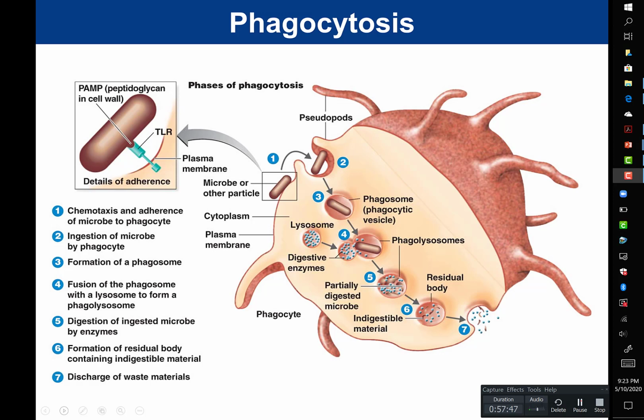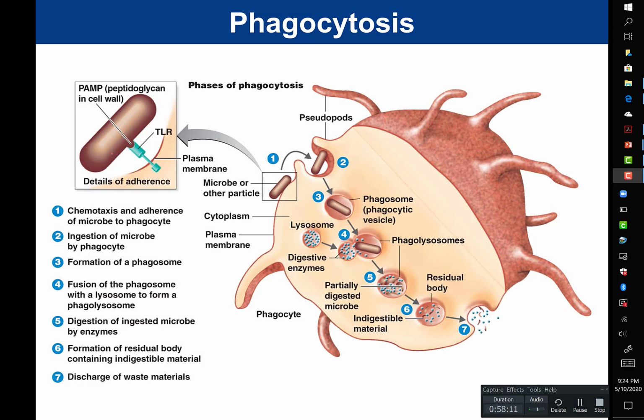The white blood cell is going to chase the bacteria, and the next thing that has to happen is adherence of the microbe to the phagocyte. Now, how does that happen? Well, again, on the bacteria, we have those PAMPs, those pathogen-associated molecular patterns.